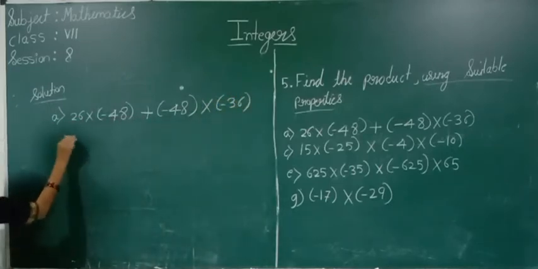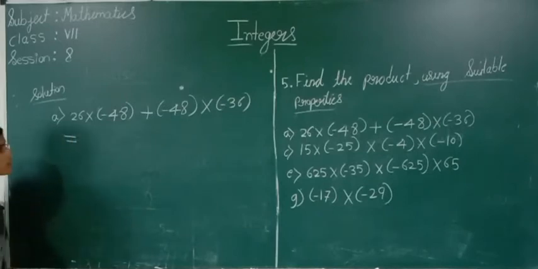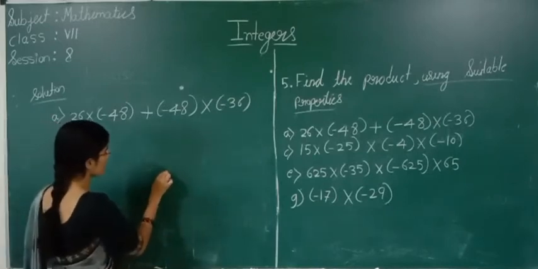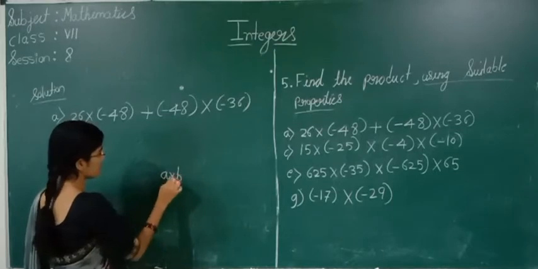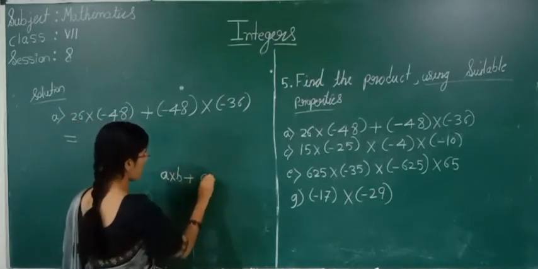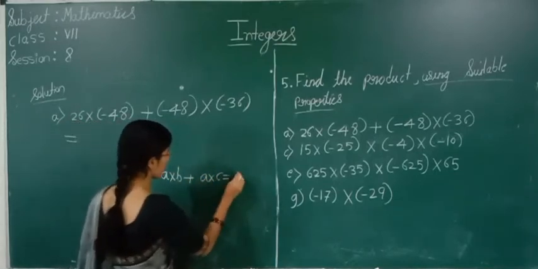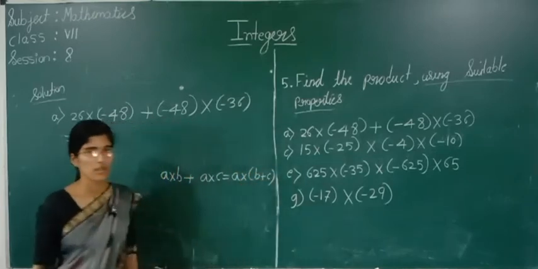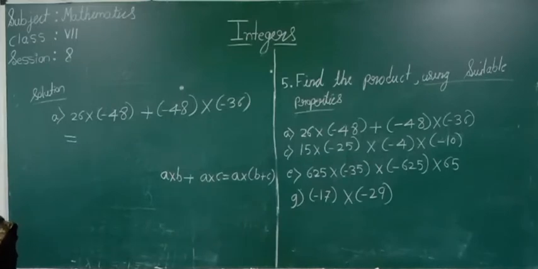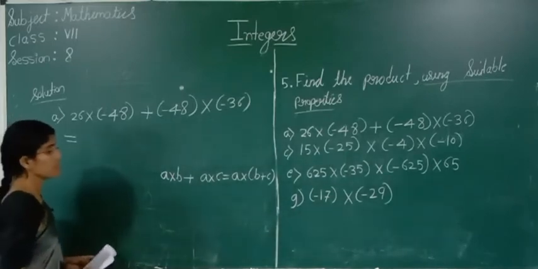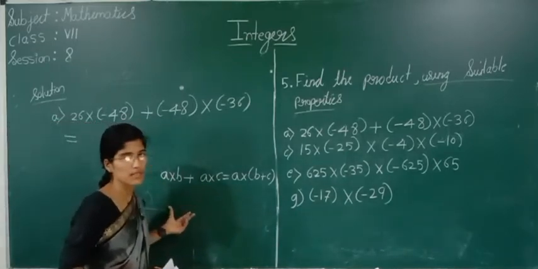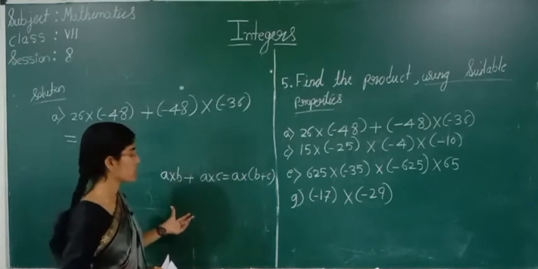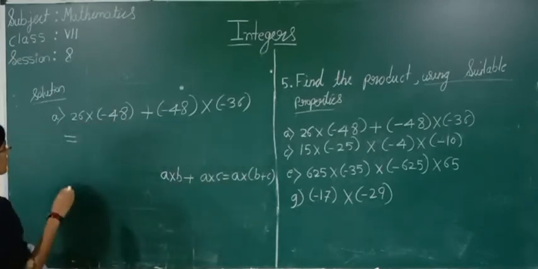Now see here, A into B, okay, plus A into C is nothing but A into B plus C. Yes or no? A into B plus C. This is nothing but the distributivity property. Yes. Now see here.